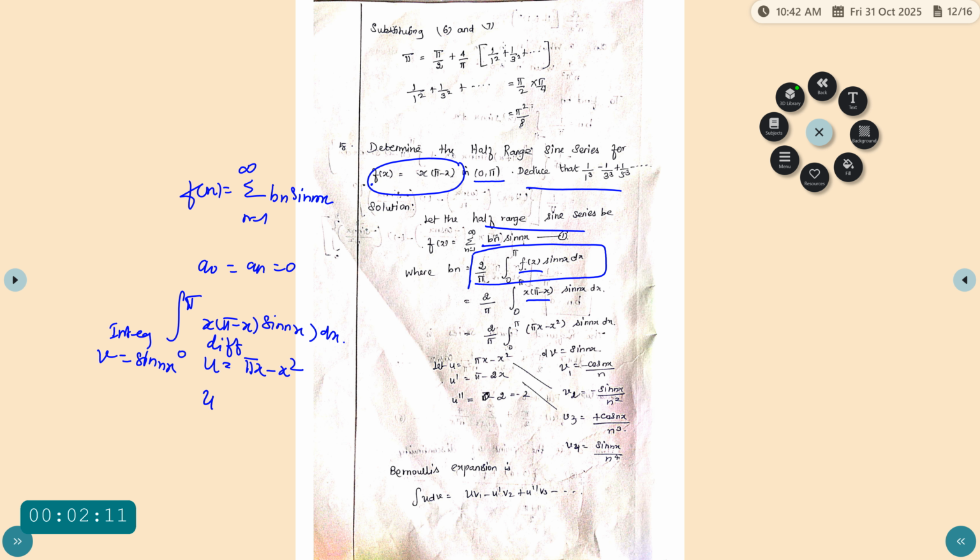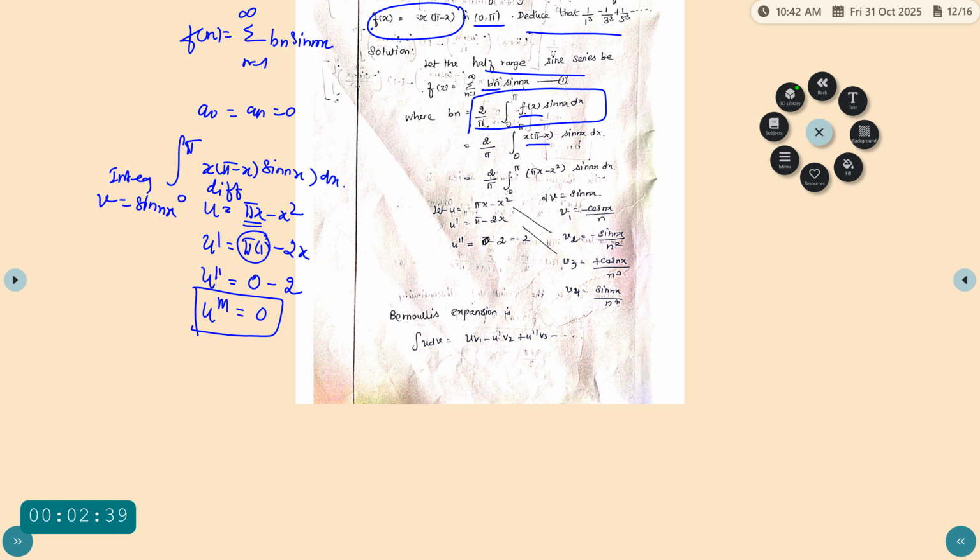So our first differentiation u dash is differentiation of pi x, which is pi into 1, minus differentiation of x square, which is 2x. Then u double dash, the second derivative with respect to x, is 0 minus 2, and then u triple dash, the third derivative with respect to x, is obviously 0.